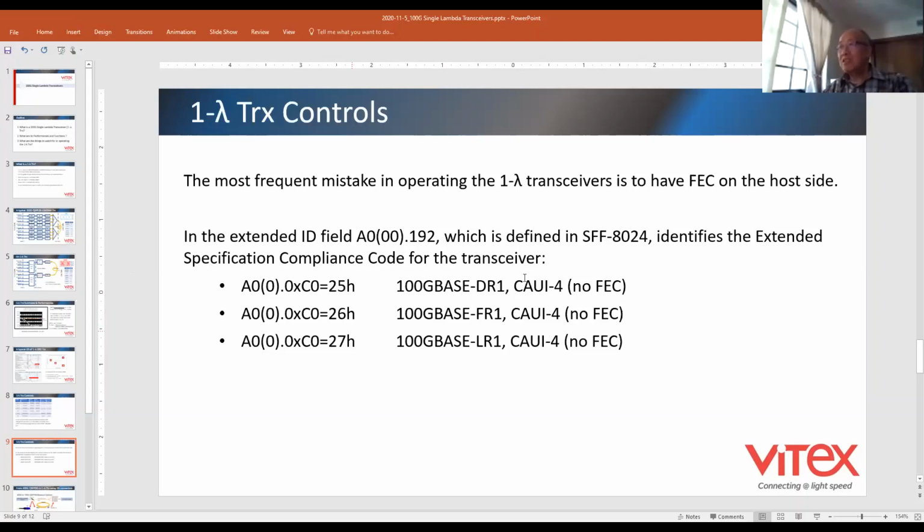I put it in, just make sure you realize this. It calls out no FEC on the host side.